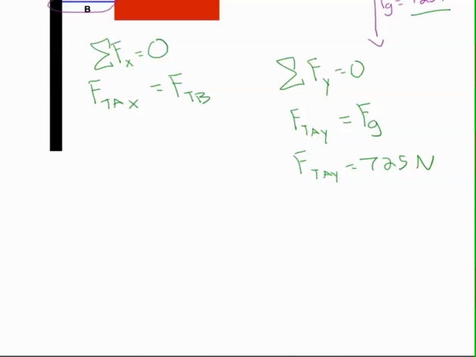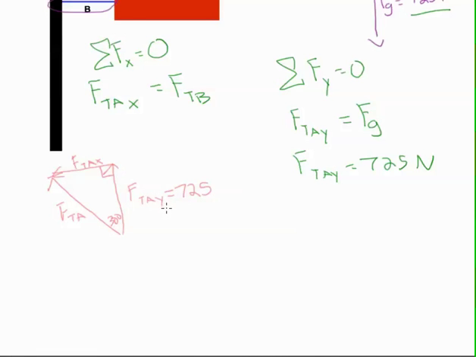We have FTA, FTAY, and FTAX. We have a right angle here, we have 30 degrees here, and we know that this side is equal to 725. We want to solve for the x component. We know adjacent, and we want opposite, so we're going to do TOA.